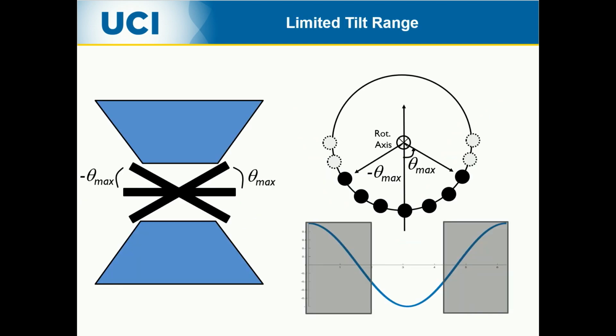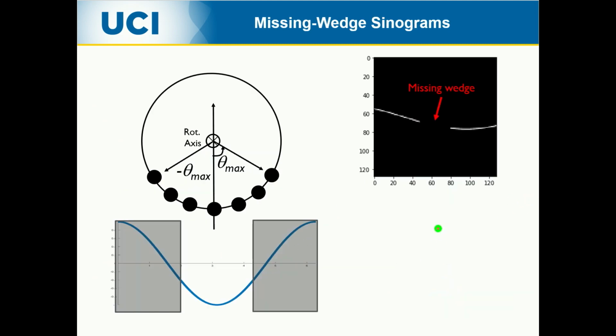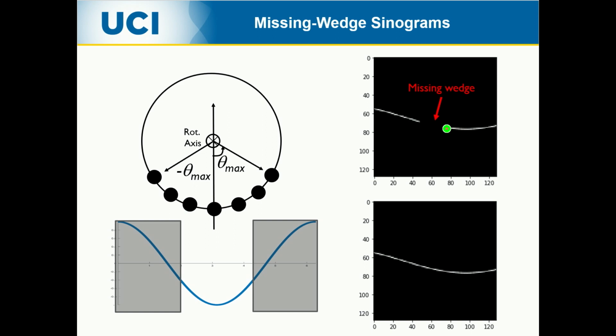So when we have a limited Q range, part of the sinogram is truncated. This is your missing wedge in the sinogram, and if you know you have an isolated single object, you can fit a sine curve through it and in-paint it, right? So this in-painting problem is solved because you have prior knowledge of it.